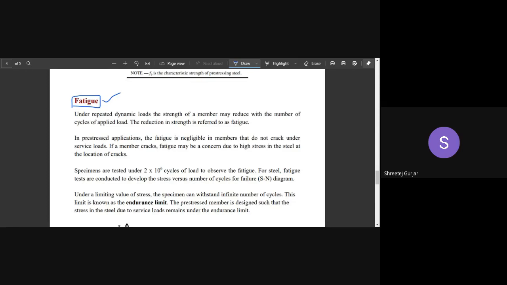As the number of cycles of applying and removing load increases, the strength of our member goes on decreasing. The reduction in strength that occurs due to this cyclic application and removal of loads, due to these dynamic loads, is what is termed fatigue.